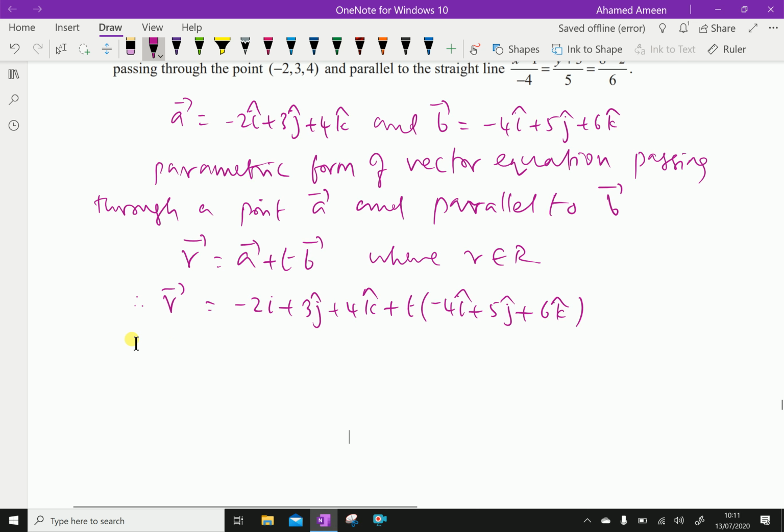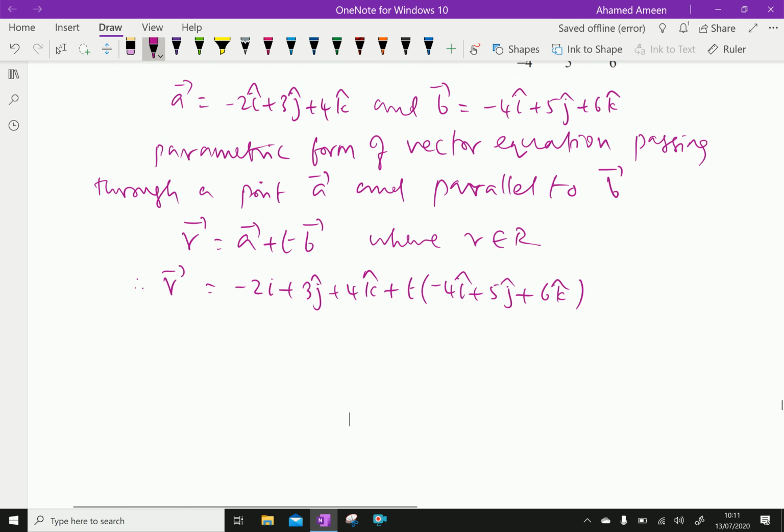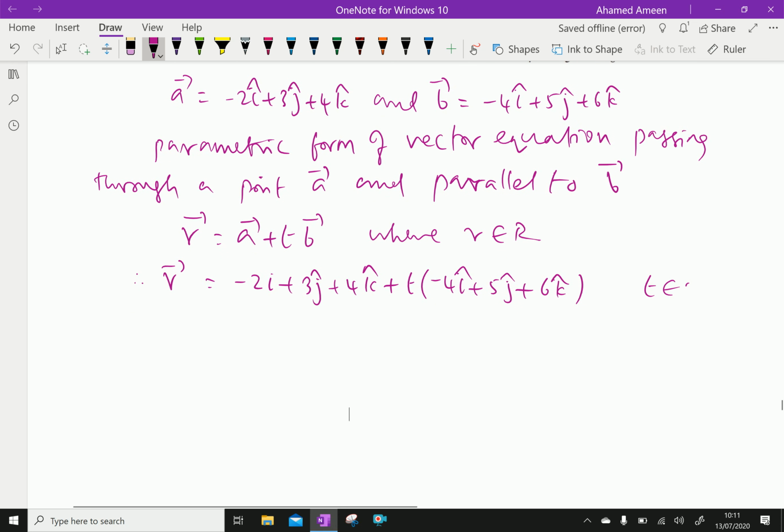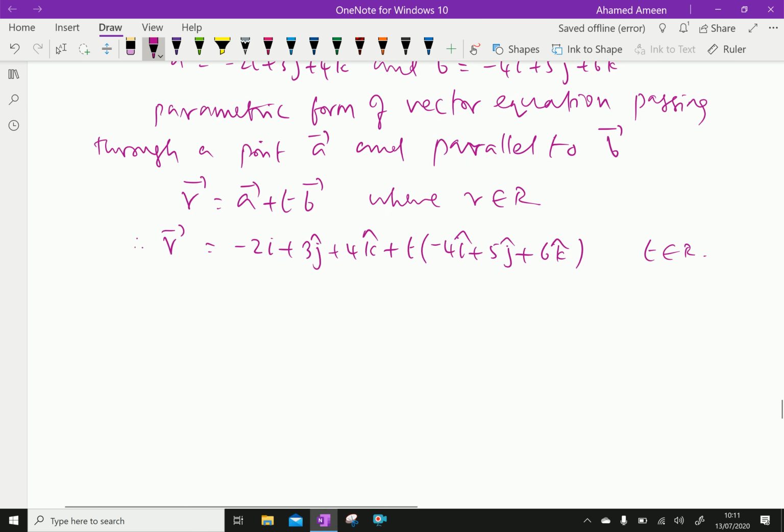After that, where t is an element of R, the parametric constant, now the Cartesian equation.